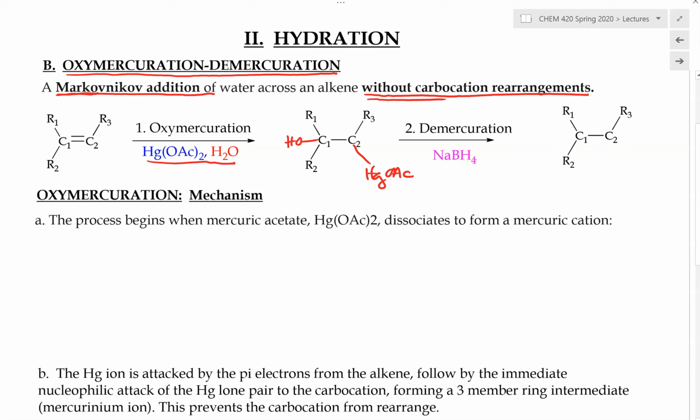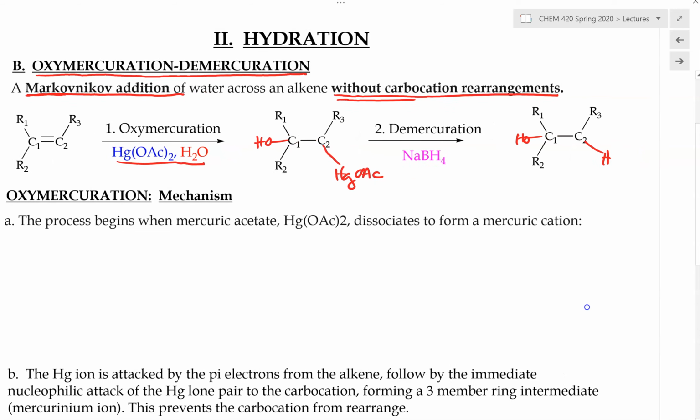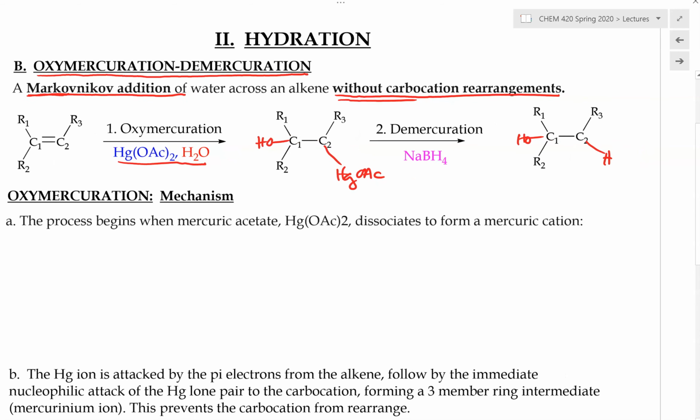So this is the second step. And when we do this, the hydride will come in and replace this mercury group right here. And this is what we're going to have. So this is the demercuration step. And we can see that the product here would be the Markovnikov product. And this reaction proceeds without carbocation rearrangement.